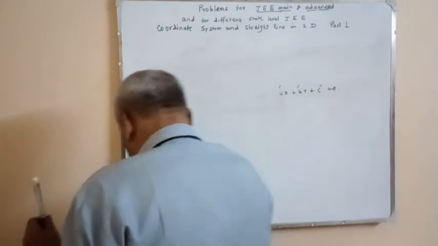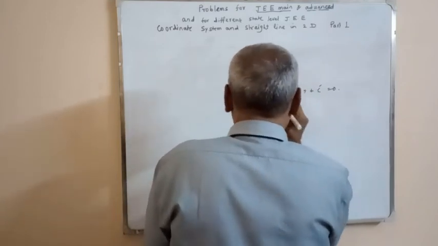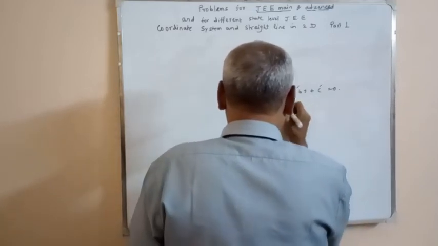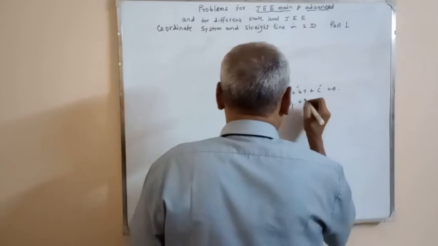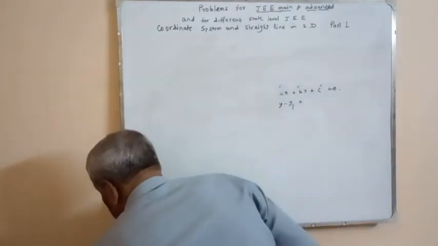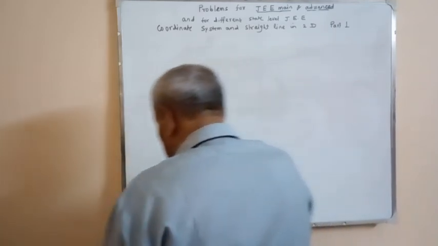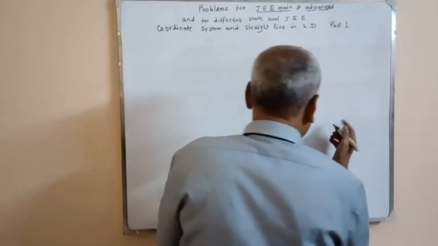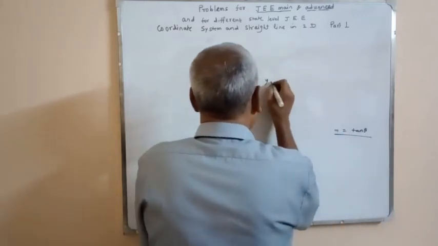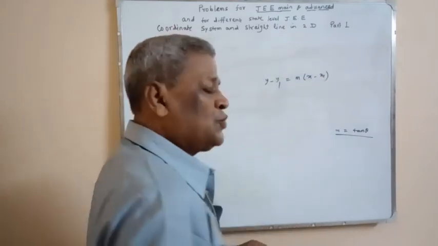Next, equation of a straight line passing through x1 y1 and making an angle theta with x-axis, that is m is equal to tan theta, then y minus y1 is equal to m into x minus x1 would be the equation of straight line.